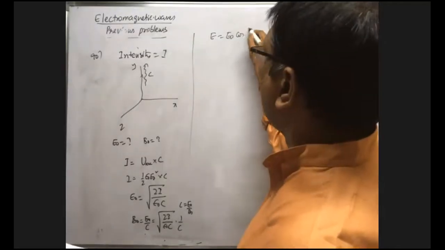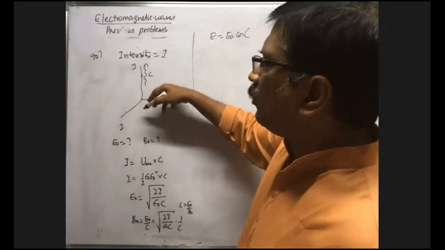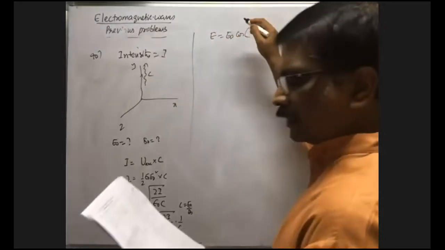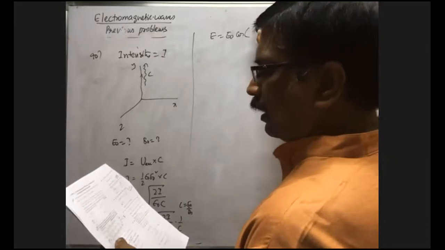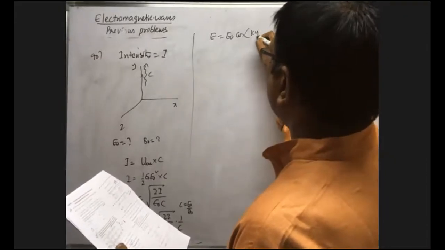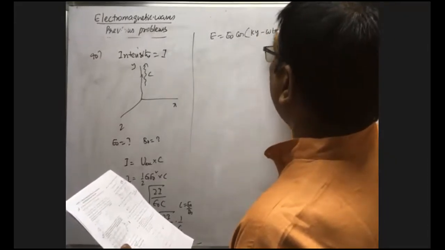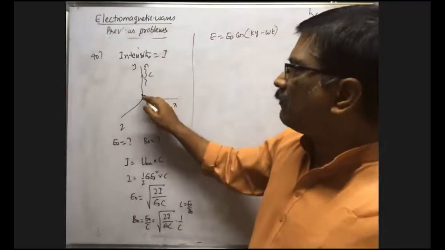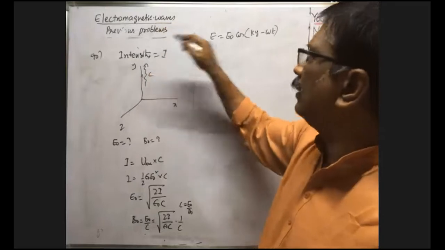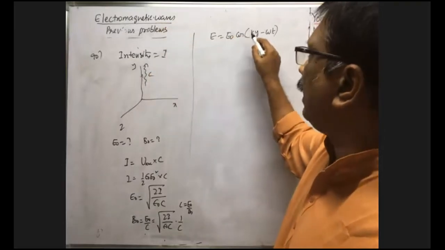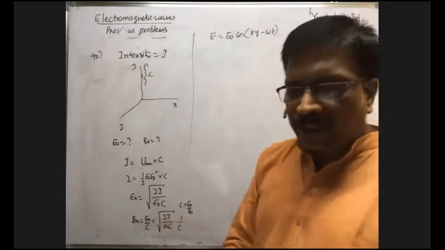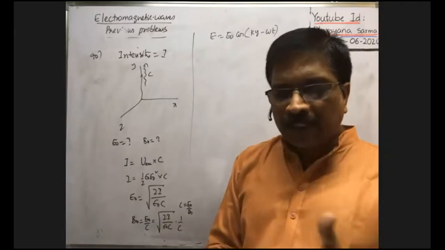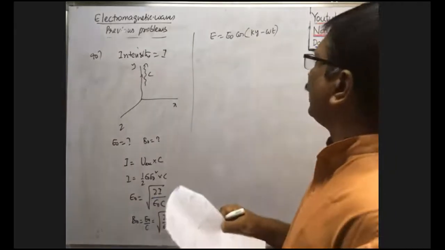So we can write cos of ky minus omega t, because answers are given in terms of y minus ct like that. That's why you write ky minus omega t.